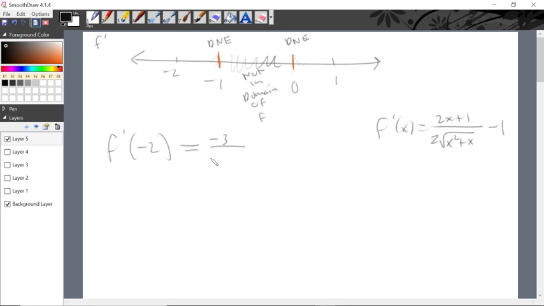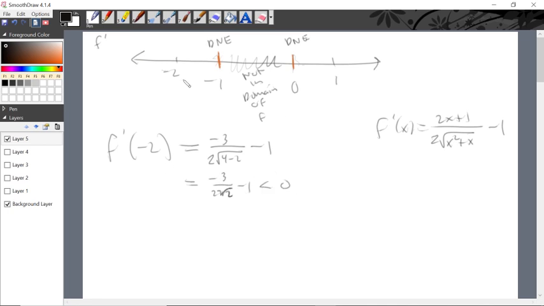Okay, and then the denominator, we have 2 times what is going to be a positive quantity here for sure. Negative 2 squared is 4, and then minus 2, and then minus 1. So we have negative 3 over 2 root 2 minus 1. Well, notice this is a negative minus a negative, so this is going to output something negative.